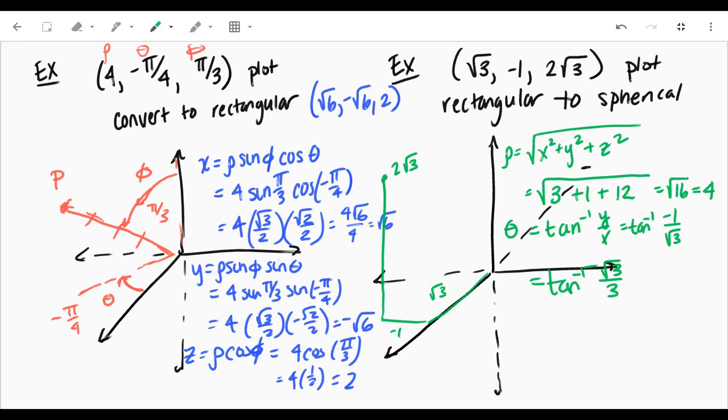If we're on the unit circle and tangent is negative square root of 3 over 3, there are two possibilities, right? It could be in the second quadrant, which would be 5 pi over 6. Or if we're in the fourth quadrant, it would be 11 pi over 6, right?